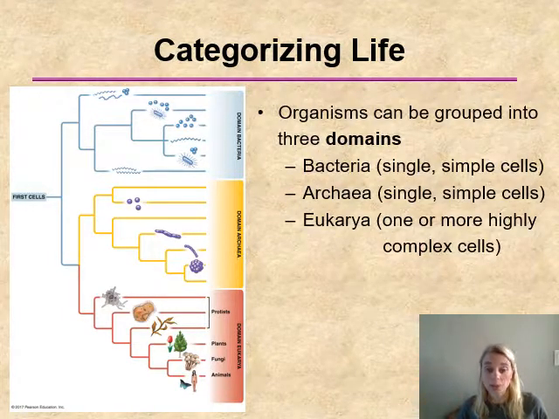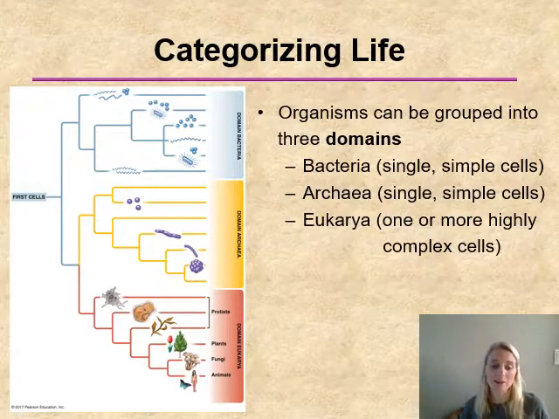The bacteria are prokaryotic cells, single-celled, simple, a very diverse group of organisms. Archaea are also prokaryotic, single-celled, simple, very diverse. But still, all of the organisms in those two domains are prokaryotic single cells. There are enough differences between the bacteria group and the archaea group for them to have their own domains.